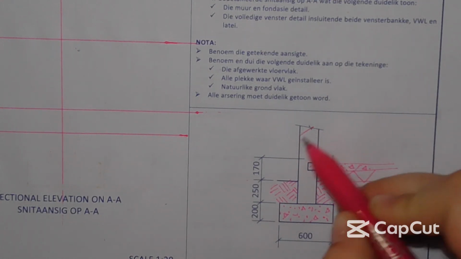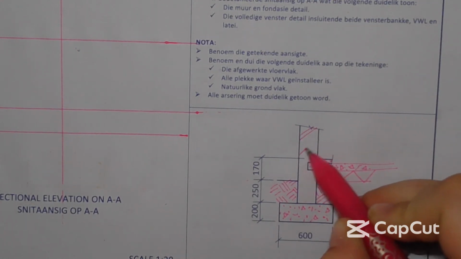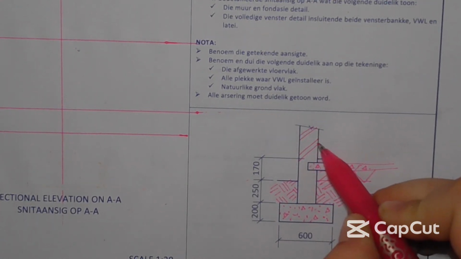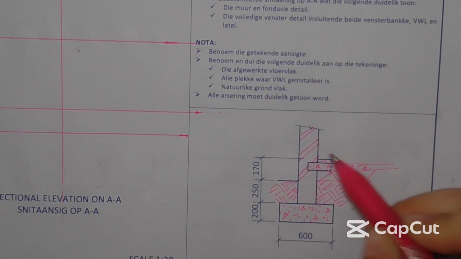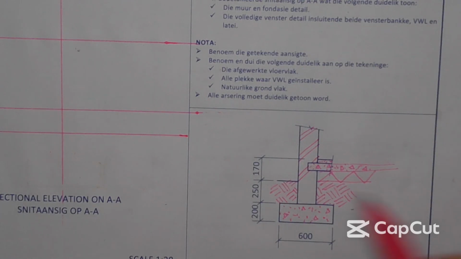And our wall is hatched with 2 lines close together, space, 2 lines close together, space.